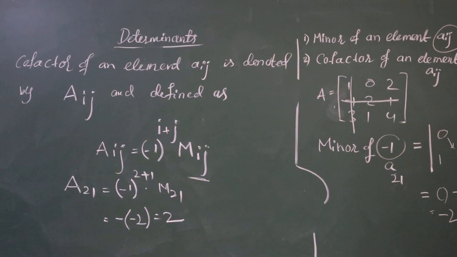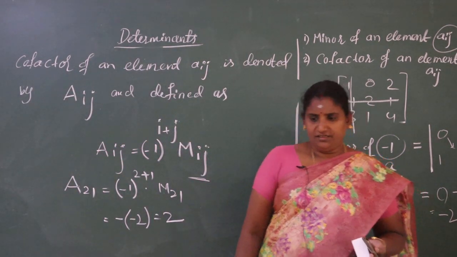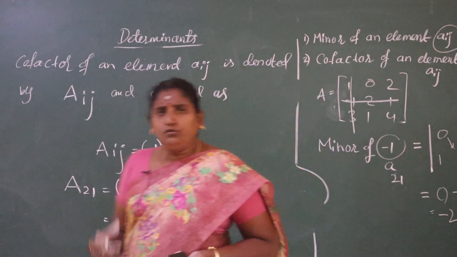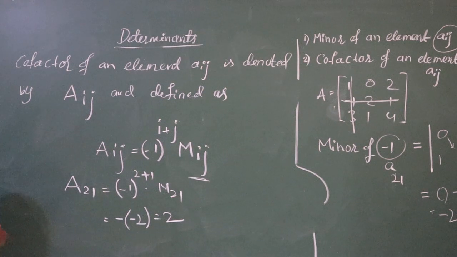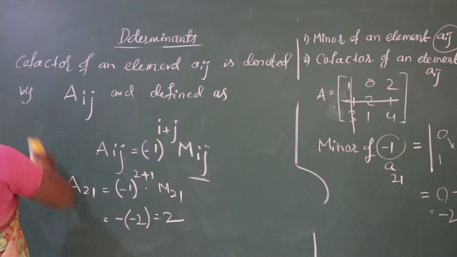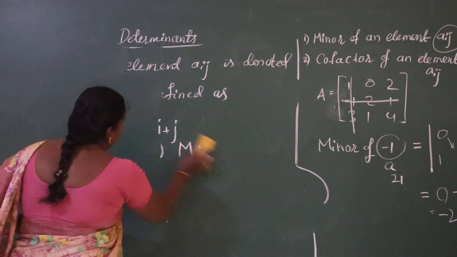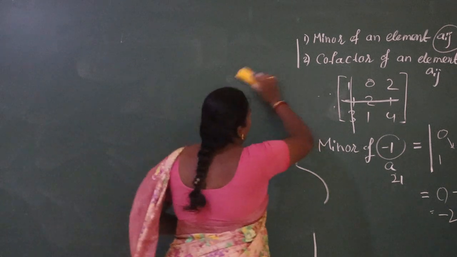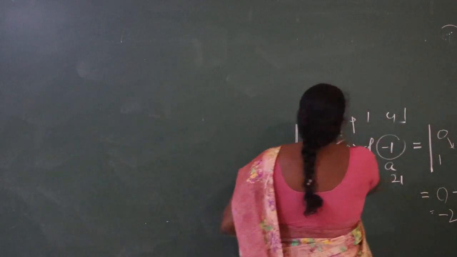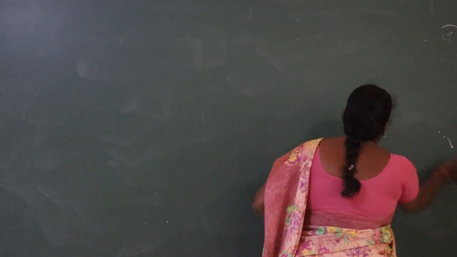So after that you can ask, okay ma'am, minor and cofactor both we discussed, then how to find the determinant of a 3 by 3 square matrix? I am coming to that point only. Directly we are going to move to the determinant of a 3 by 3 square matrix.